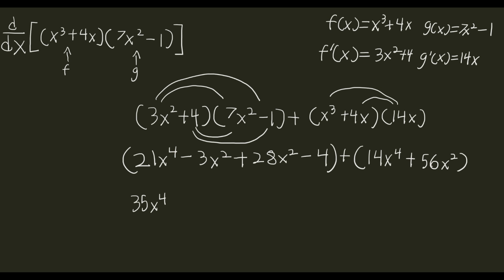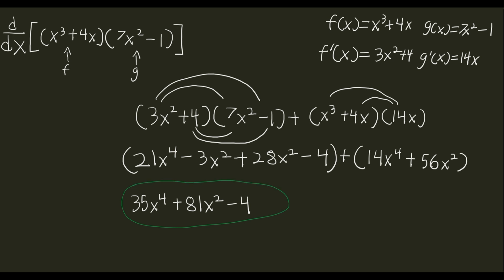Combining those 3 terms, negative 3x squared plus 28x squared gets us 25x squared, and adding 25x squared to 56x squared would get us 81x squared. We only have negative 4 as the constant, so we could just write minus 4. And this would be our final answer.